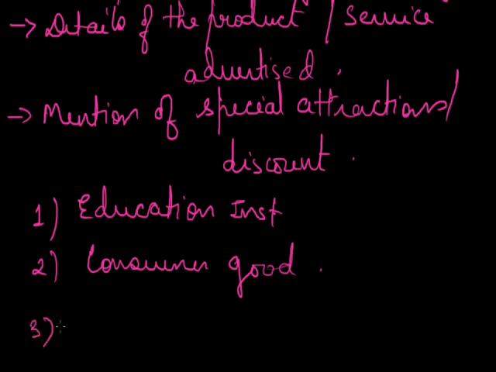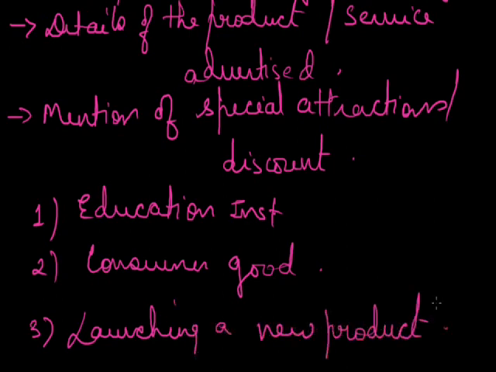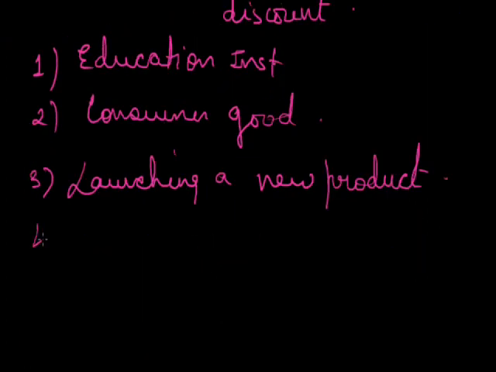And then the third, launching a new product. And then if you want to advertise for an event, like your school is staging Rabindranath Tagore's play, you need to advertise it in the newspaper, and you need to give the details, that is date, time, venue, directed by, tickets available, and all these things.